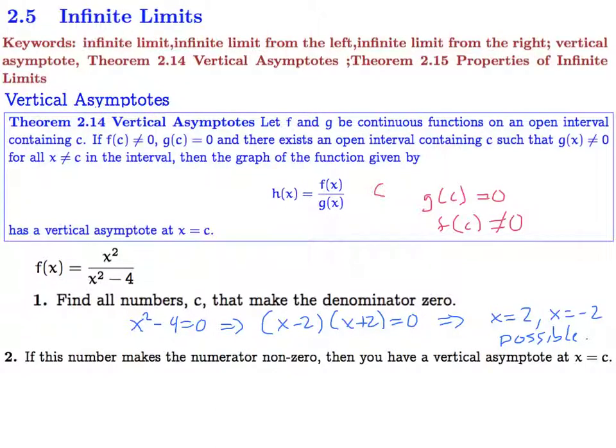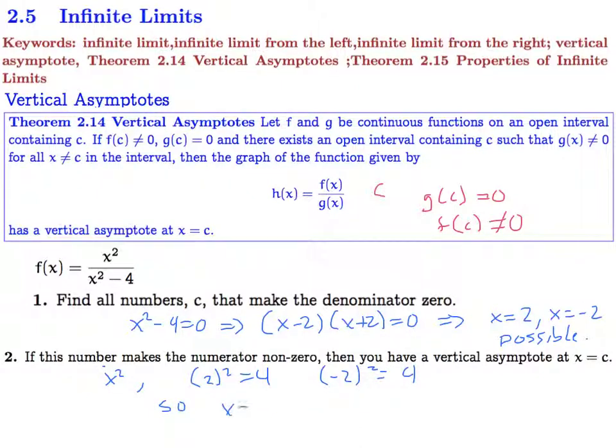Step 2, according to the theorem, says that if this number makes the numerator non-zero, then you're going to have a vertical asymptote. So now we need to check these numbers in the numerator, x squared. We see 2 squared is equal to 4, and negative 2 squared is also equal to 4.